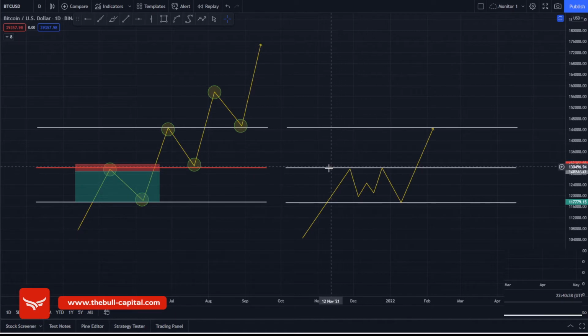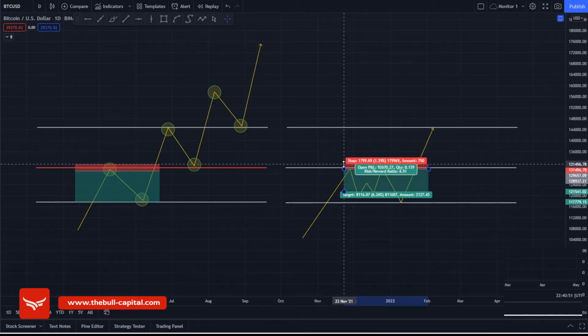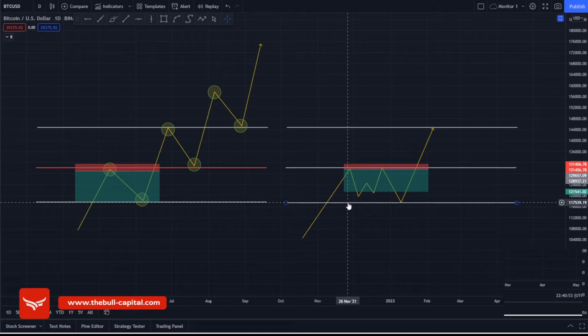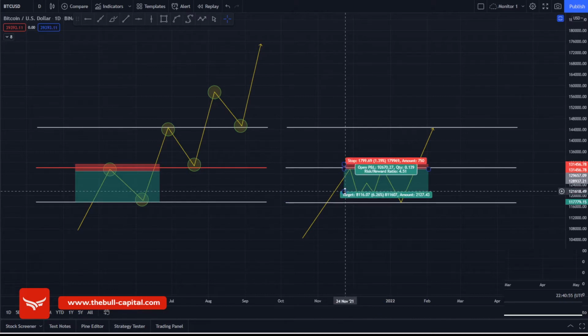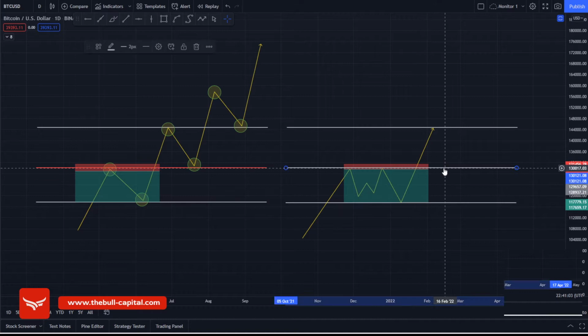So if you take a short position here, this is your entry, and your stop loss should be just above the resistance, and your final target should be the bottom of this channel, meaning the support.